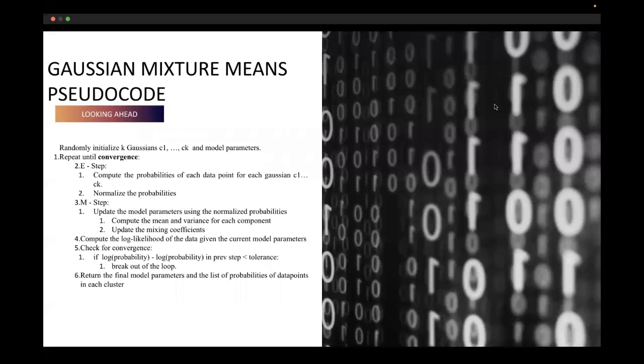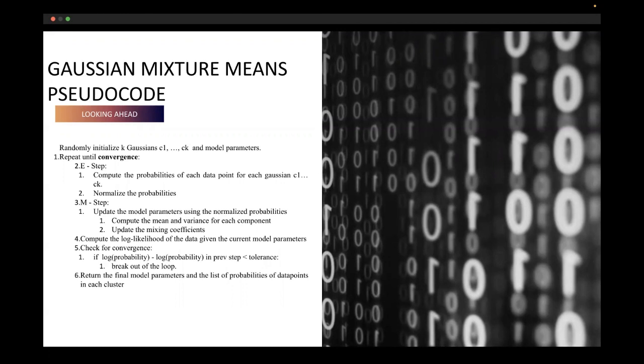first, the model parameters, which include the Gaussian components, mean vectors, covariance matrices, and the mixing coefficients, are initialized. Then the log likelihood of the data given the model parameters is computed. Now, in the E step, the posterior probabilities of each data point belonging to each Gaussian component are computed using the Bayes rule.